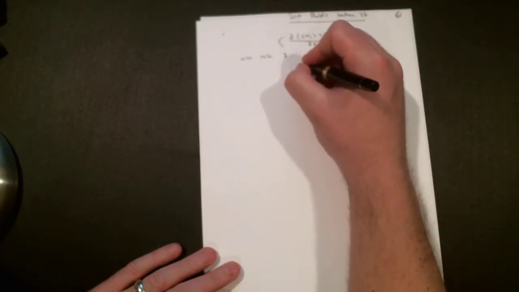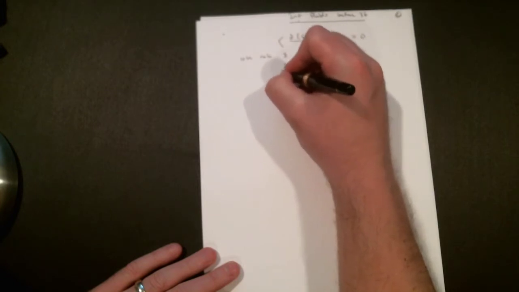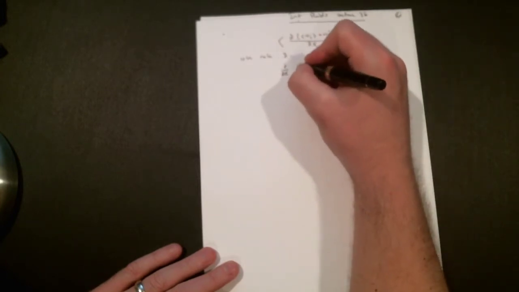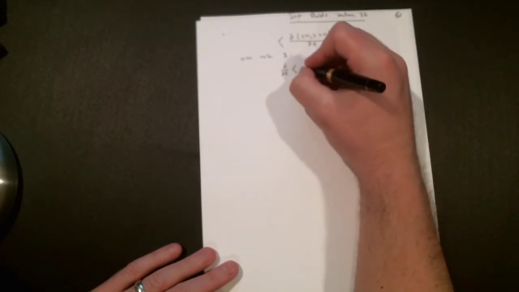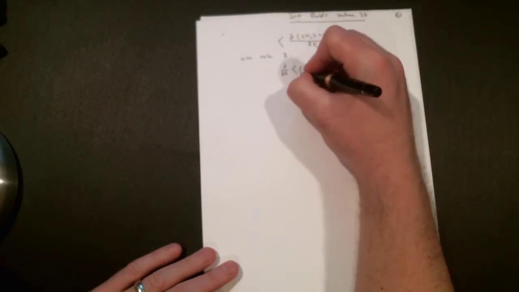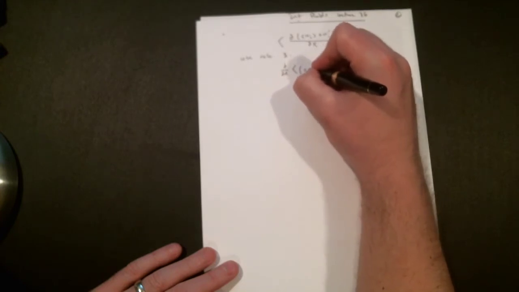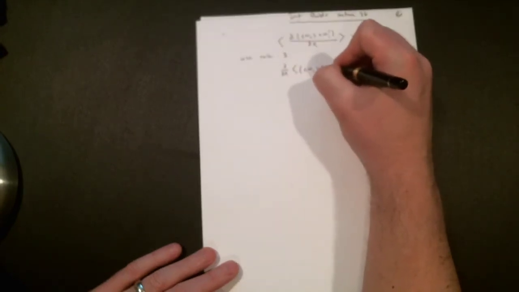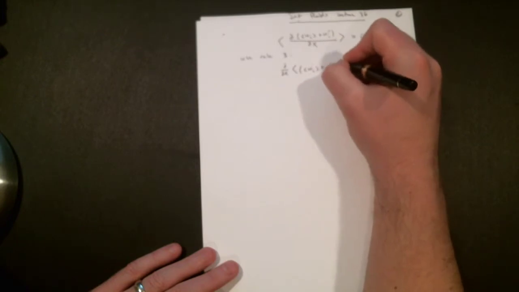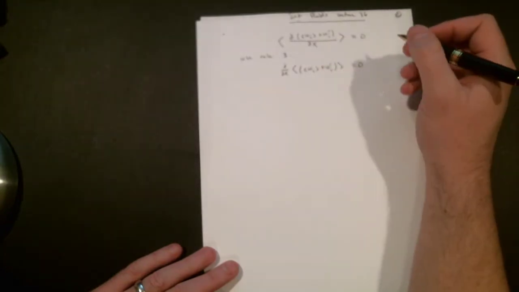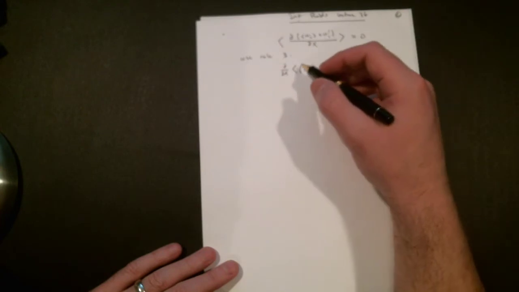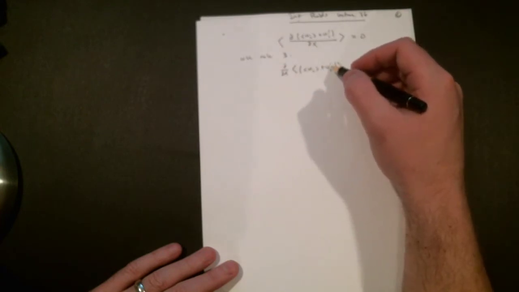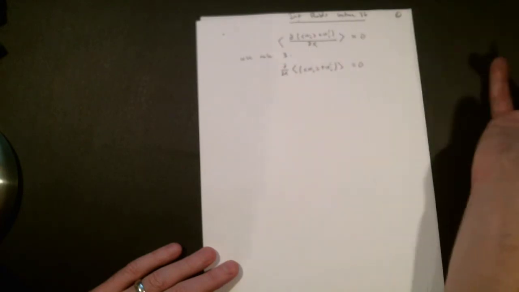With Rule 3, we can write this as d/dx of, and down inside here we'll have the average of u_i plus u_i prime, equals 0. We can now use Rule 2, which says that we can separate out two things that are added together. If we have the average of two random variables added together inside, we can separate those out.